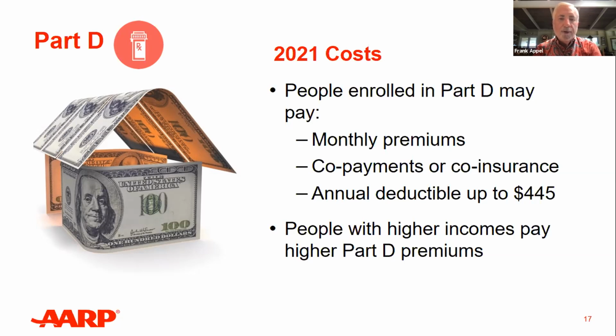And the drug plans can require an annual deductible up to $445. Many of them have either a lower deductible or no deductible. And just like Part B, people with higher incomes will pay a higher Part D premium. Okay, next.